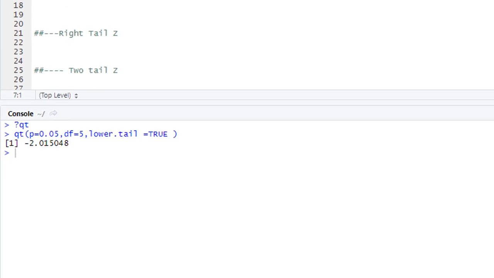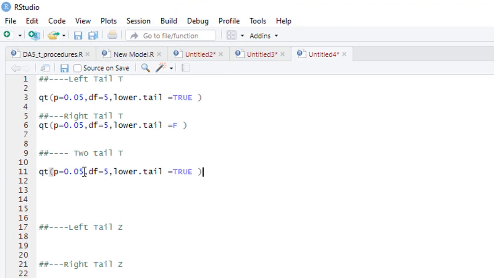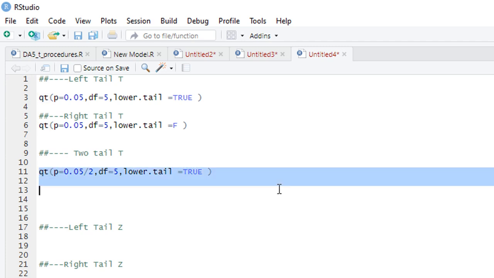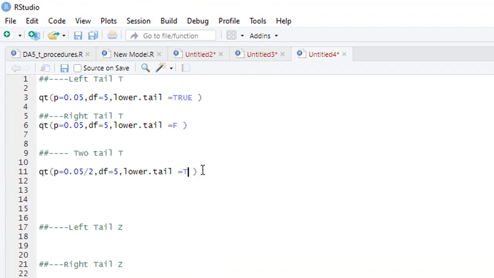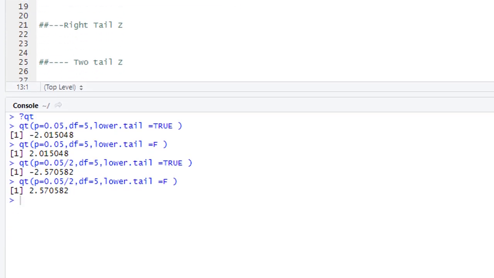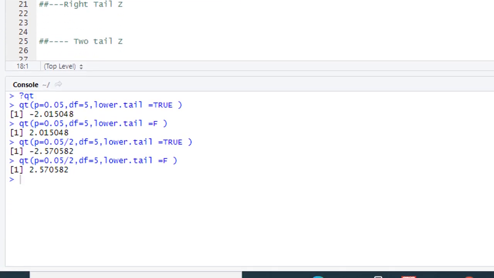So it's positive 2.01504. To calculate this for the two-tail hypothesis, I just have to divide my alpha by 2, just as we are doing in Excel. So this is giving a negative value. If we place here FALSE, we will get a positive T value for the two-tail hypothesis.